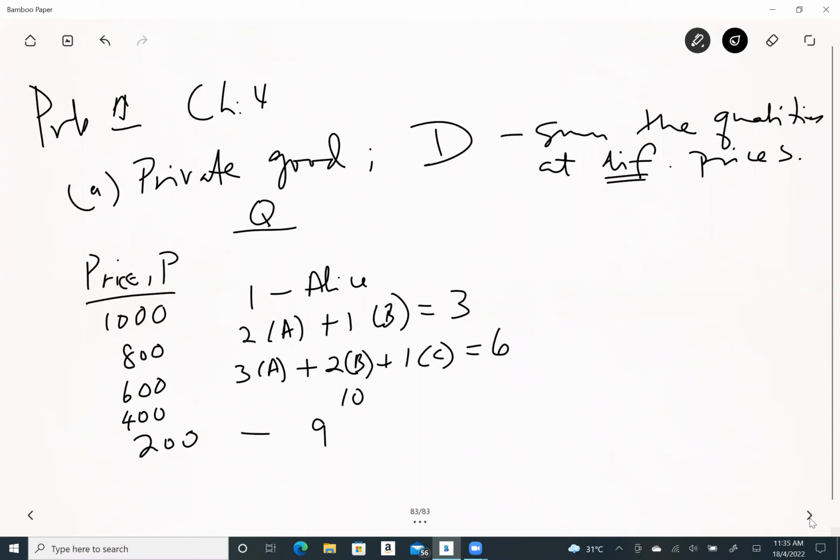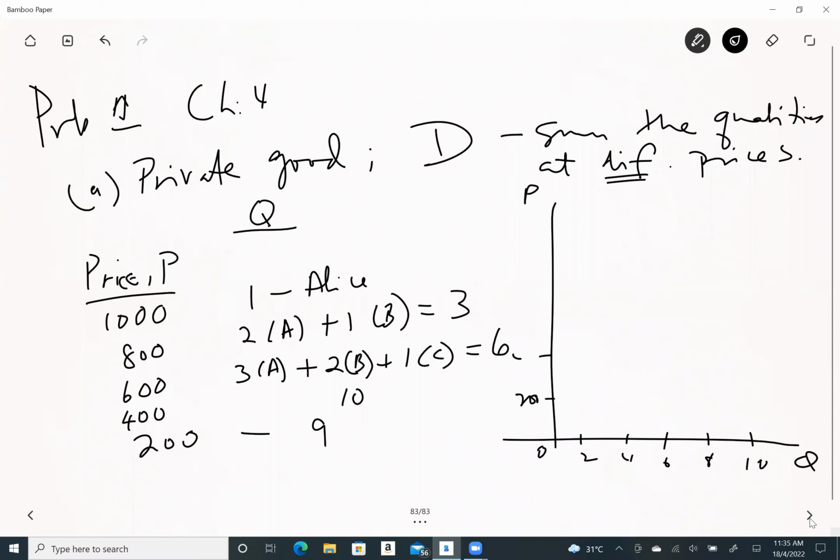So if you sketch the graph, that's Q, that's the price. So here you can do 2, 4, or 5, 10. Or you can do 2, 4, 6, 8, 10. And then the price, we can do 200, 400, 600, 800, 1,000.